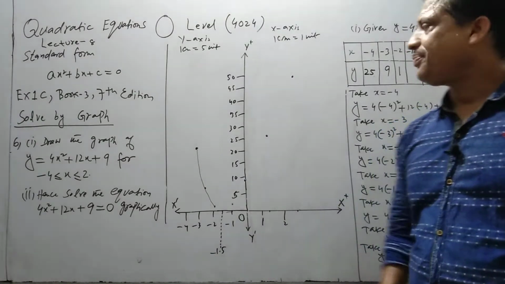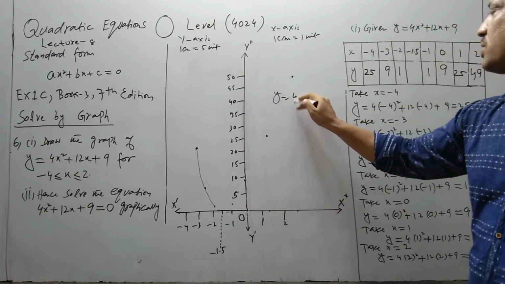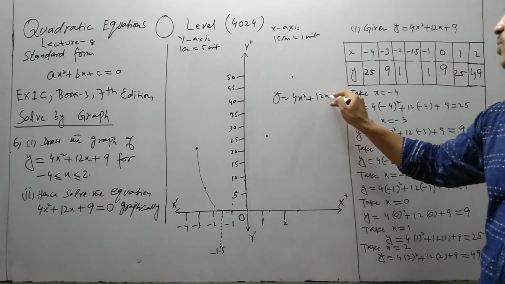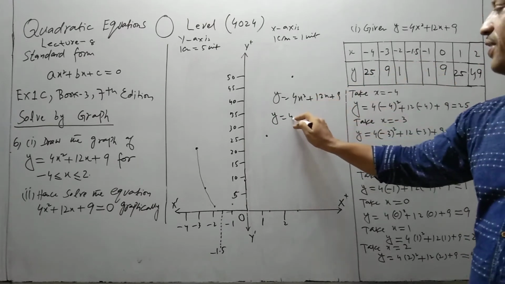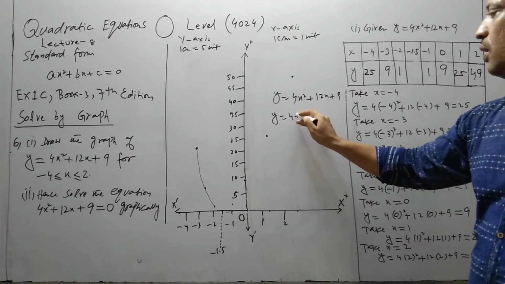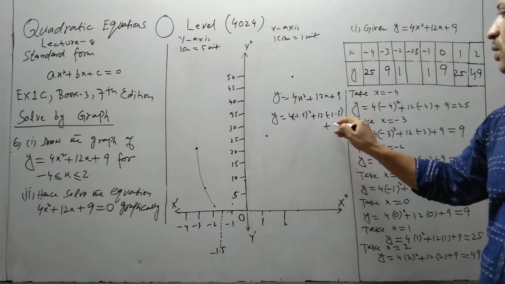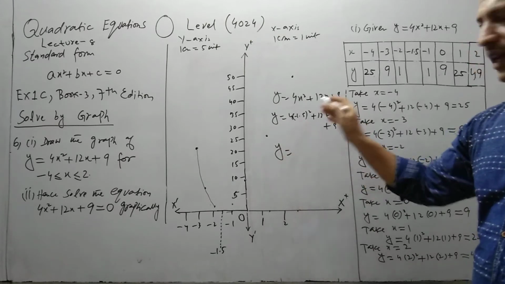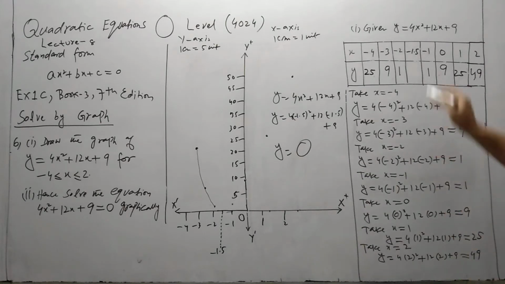If we put -1.5 in the equation y is equal to 4x square plus 12x plus 9, after calculating with the help of a calculator, we will get 0. You can check. So at -1.5, the value of y is 0.